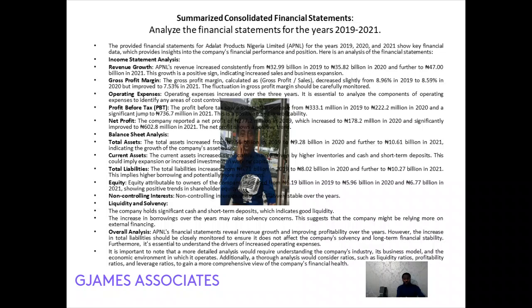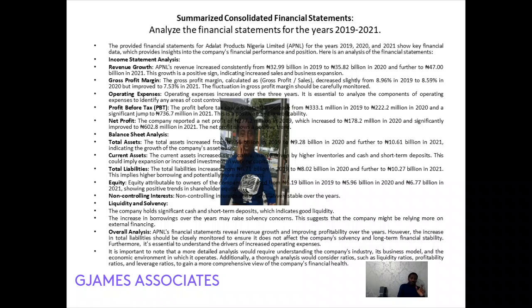Now, how are we going to analyze the financials? You can look at the income statement and analyze it. These are some of the things I am able to deduce from the financial analysis. The revenue growth.